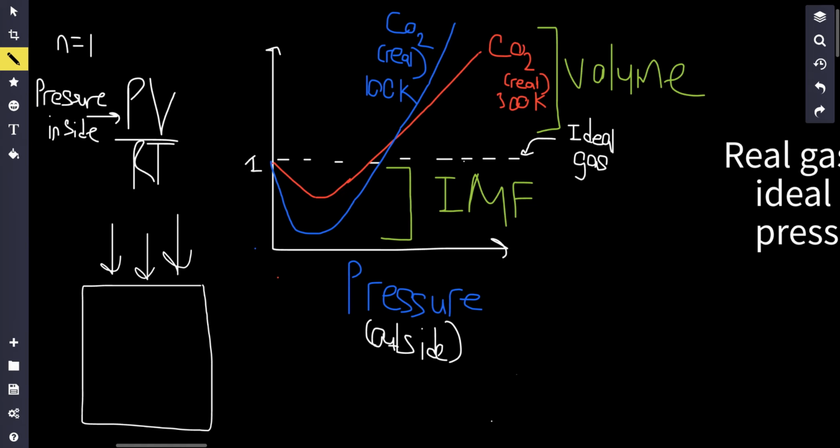Under actual conditions, when real gases actually behave, they don't follow this 1 ratio. Instead, their curves would look something like this. As pressure increases, maybe you have a little bit of a dip, and after that, the PV over RT ratio would go up as the pressure goes up.